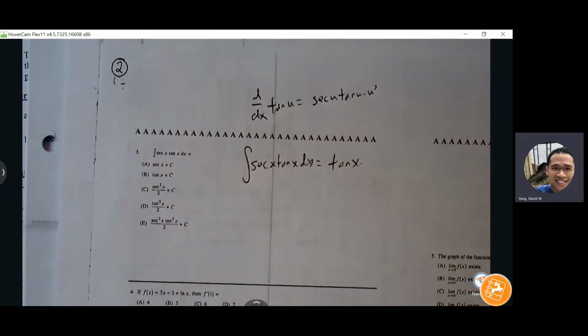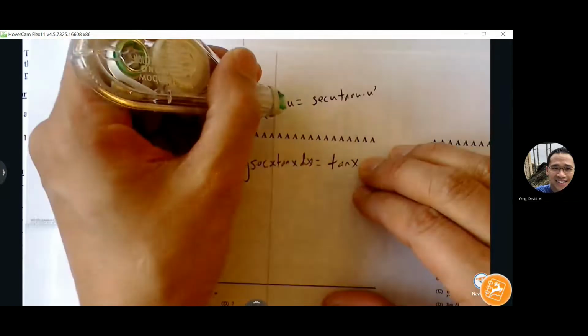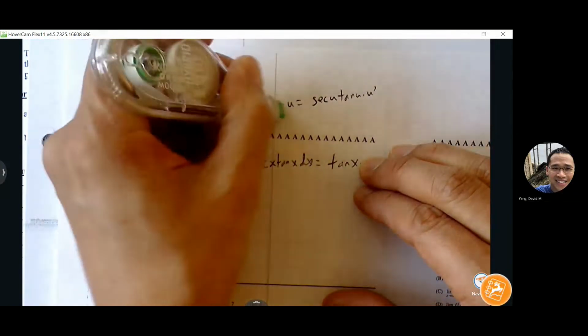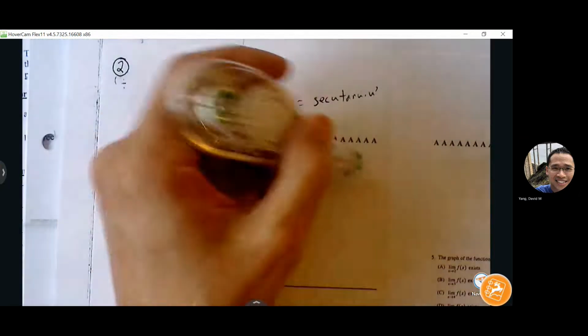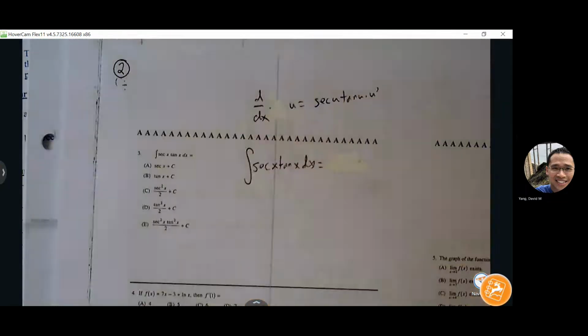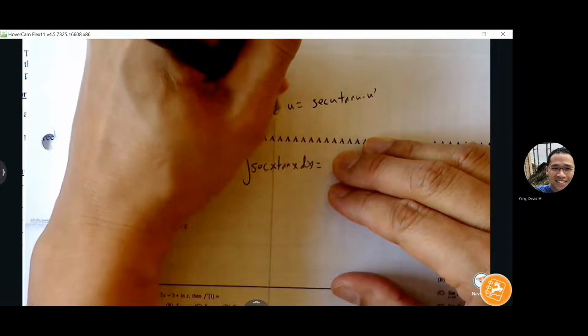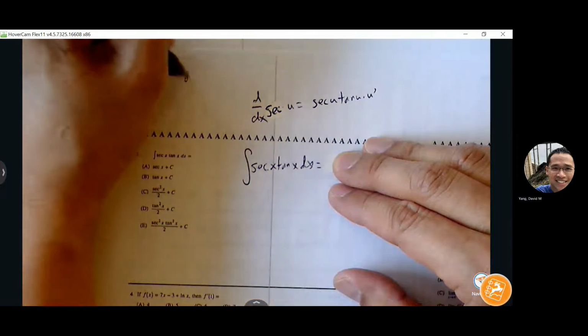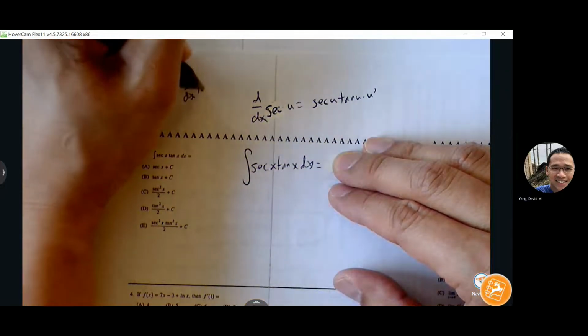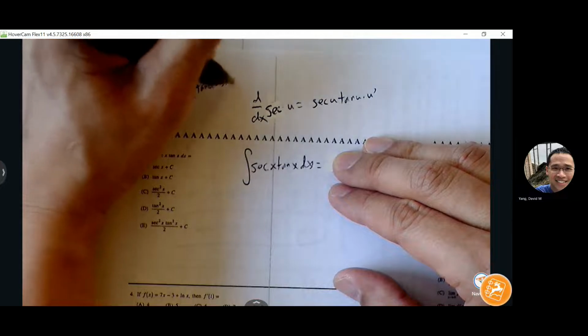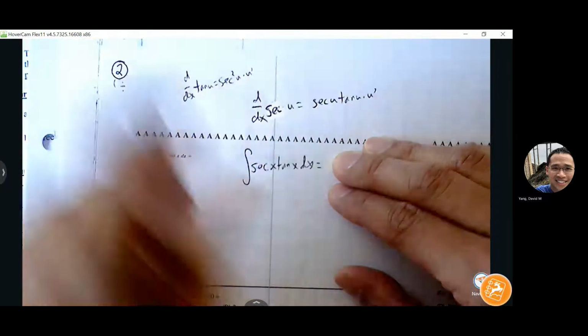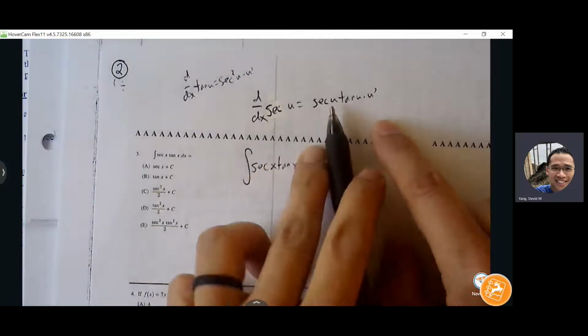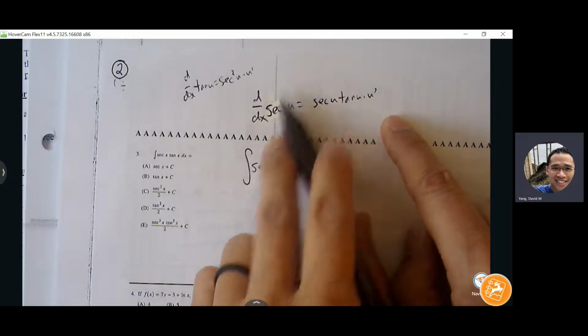The derivative of tangent is secant squared. The derivative of secant is secant tangent, so the integral of secant tangent will bring you back to secant.